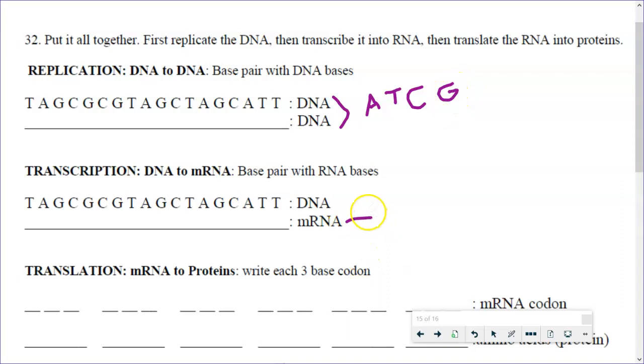But down here for RNA, we're not going to use the letter T. We're going to use letters A, U, C, and G. Okay, RNA uses the letter U instead of T. Okay, so if I look here for the DNA, T is going to match up with an A, A is going to match up with a T, G will match up with a C, this C will match up with a G, G with C, C with G, and so on and so on.